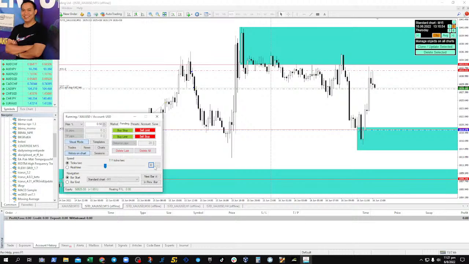Okay, boom, triggered. So this is a good sell, I think. Supposed to be a good sell. So price continues to go bearish, bearish, bearish. Yep, going bearish.